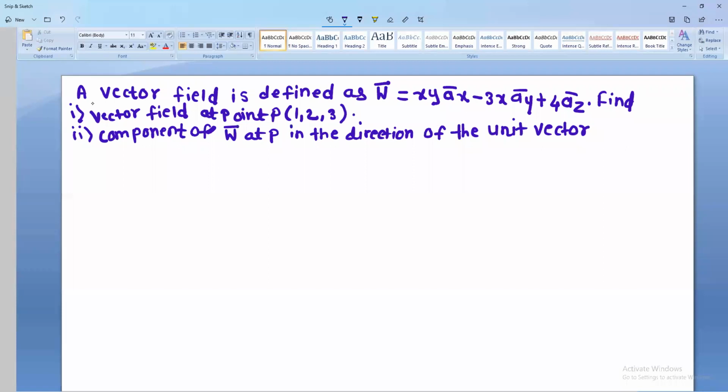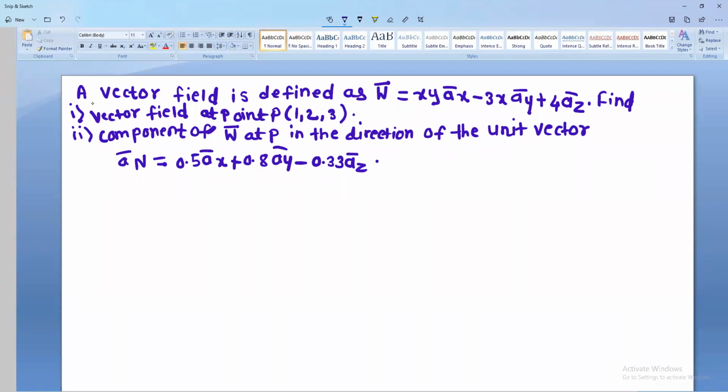The unit vector A bar n is equal to 0.5 A bar x plus 0.8 A bar y minus 0.33 A bar z.